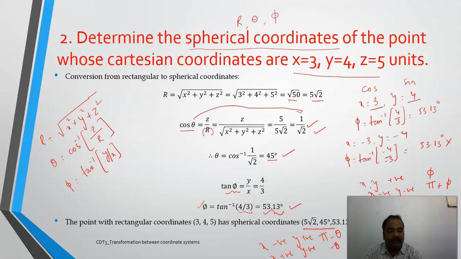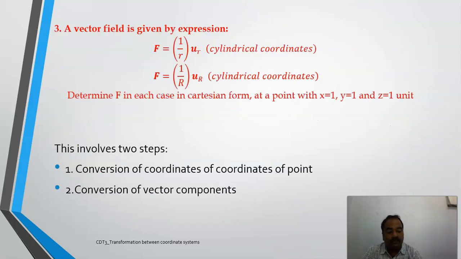Okay. Next, we will move on to the next problem, where we are supposed to convert the vector from one coordinate system to another. So far we have done only coordinates. Now we are going to transform the vector from one coordinate system to another.